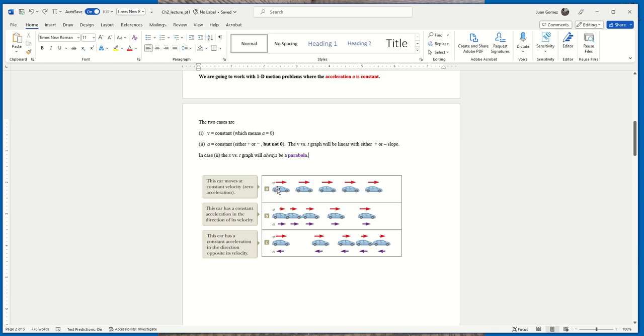So in panel A, notice the arrow representing the speed. The magnitude of that arrow is not changing. At each time interval, the car travels the same distance in each frame. So in panel A, v is constant.